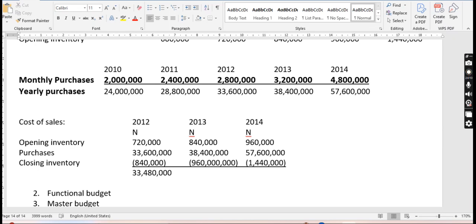Next. 38,280. Next. 57,120,000. Yes. That is the cost of sales.